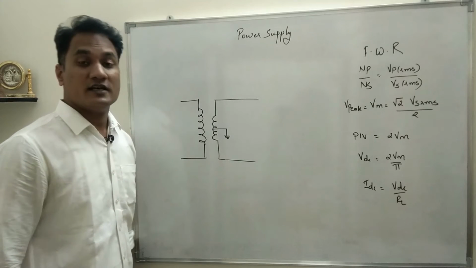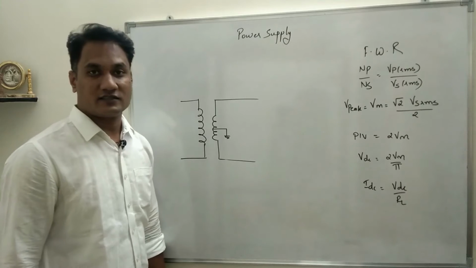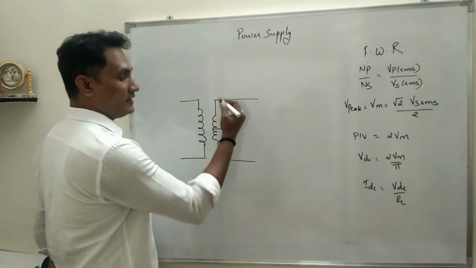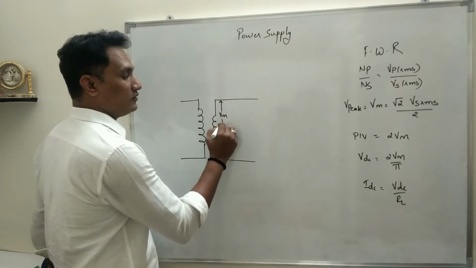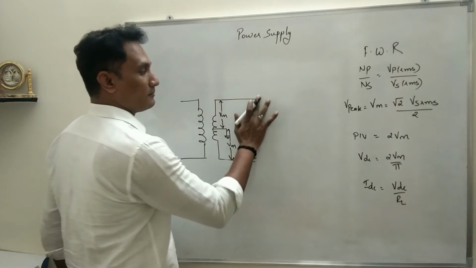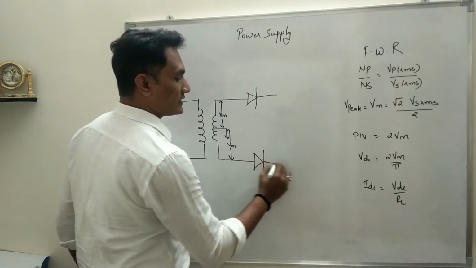We use a center tap transformer so that both the half cycles are rectified. When we divide it into two secondaries, the peak value will be divided by 2. So that is what has been mentioned.